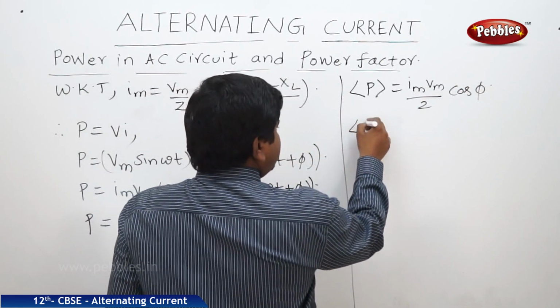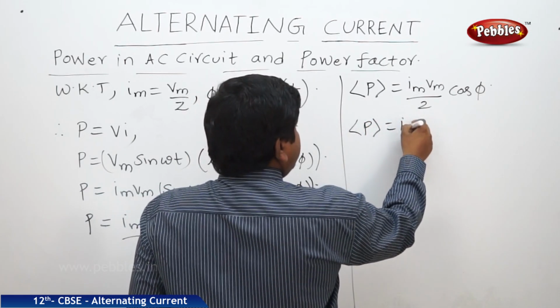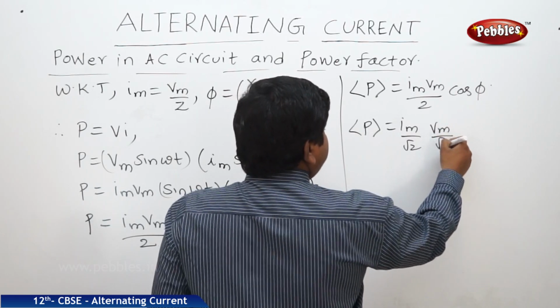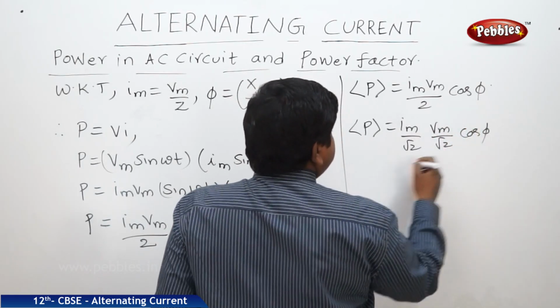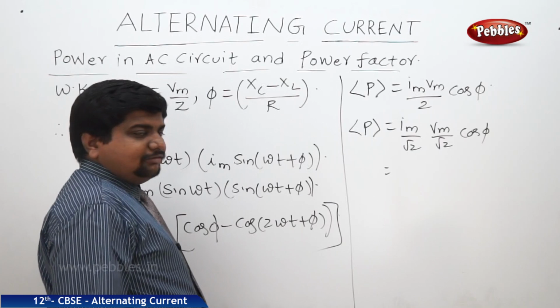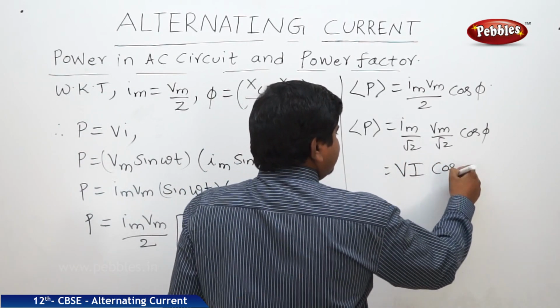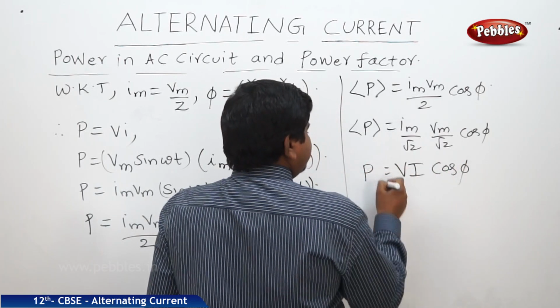We can write this one like this: Im by root 2 into Vm by root 2 cos phi. Im by root 2 is I, Vm by root 2 is V, RMS values. So Vi cos phi is equal to P.